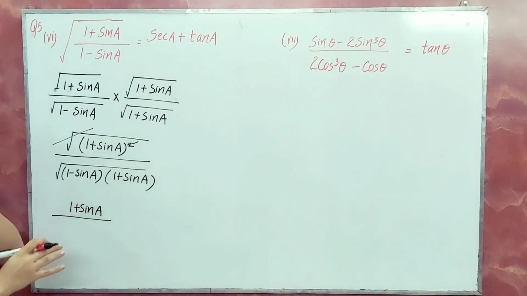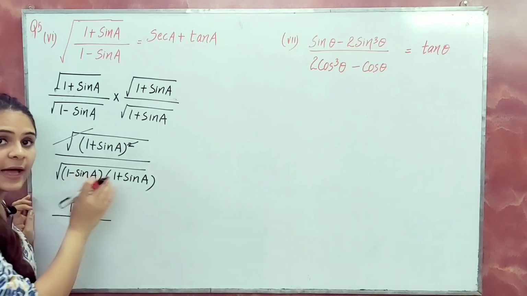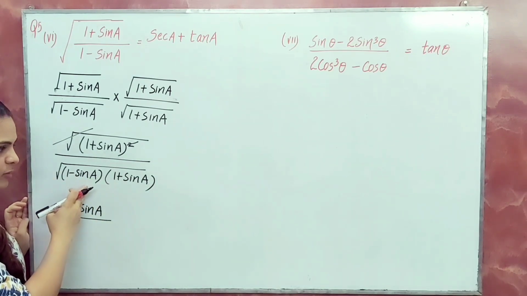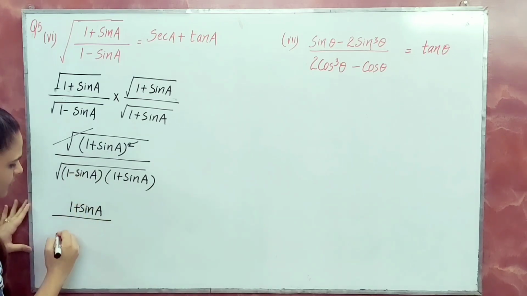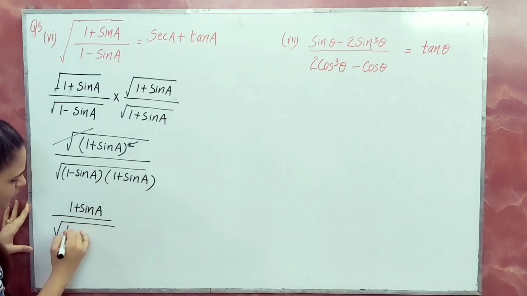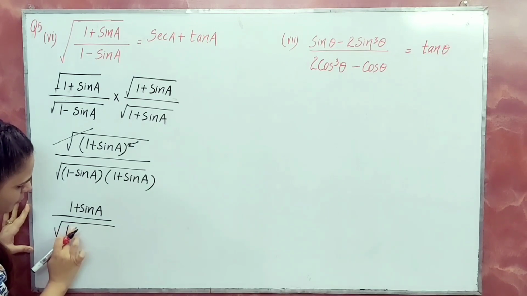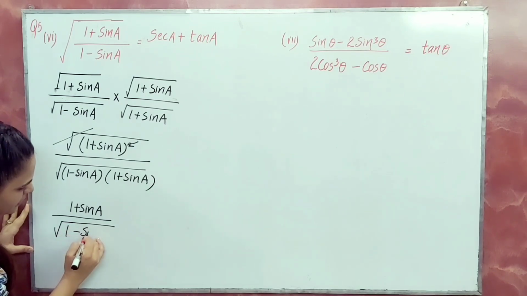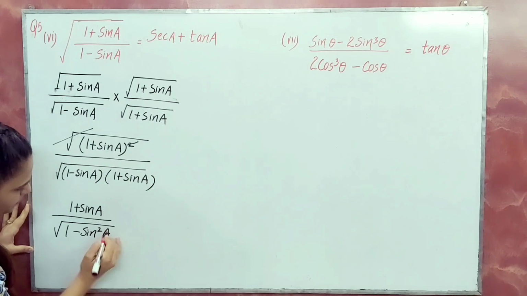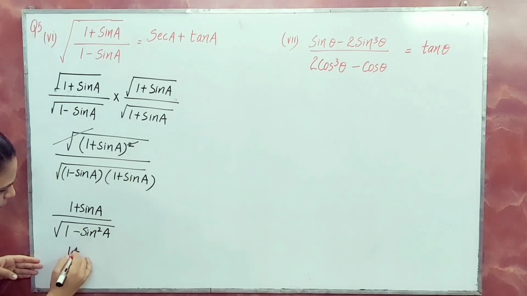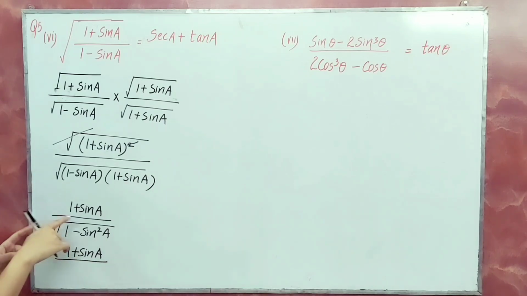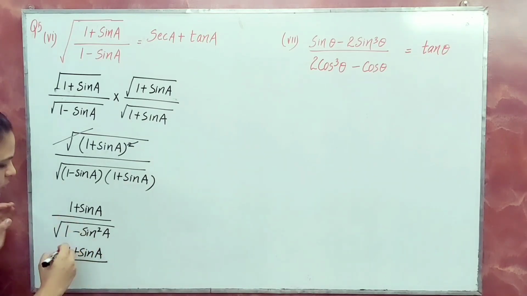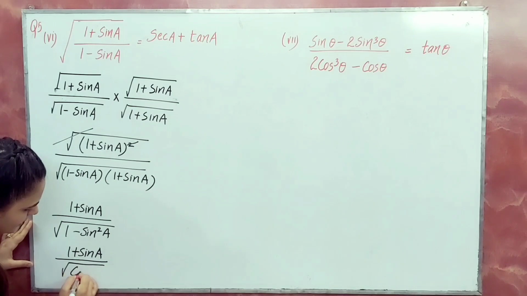And in the denominator you can see there is an algebraic identity (a minus b)(a plus b), which is a square minus b square. That means this is 1 square minus sin square A, which is 1 minus sin square A. And by using the square relationship, we can write 1 minus sin square A is equal to cos square A.